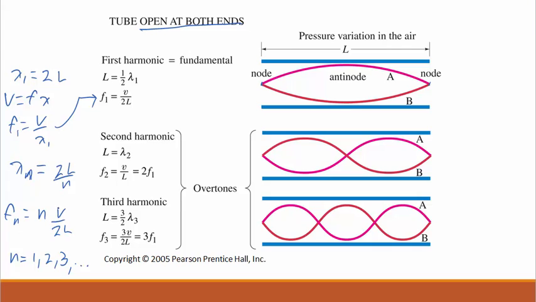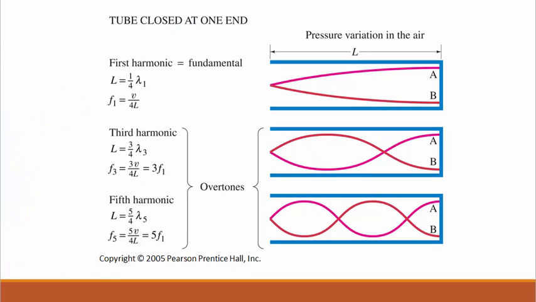So this is identical to what we saw for waves on a string, and that's because they both had nodes on both ends of the length that we were considering. Okay, so again, this would be the first, second, and third harmonic, or the fundamental, first overtone, second overtone.